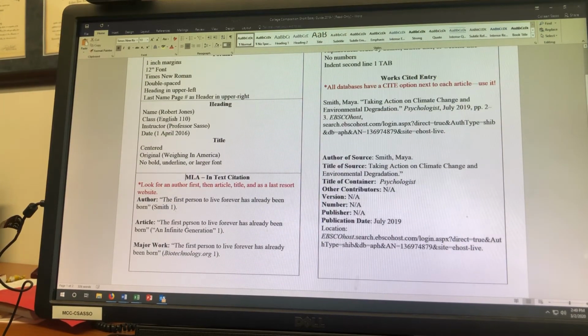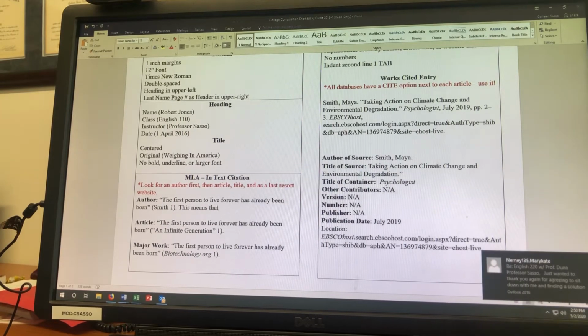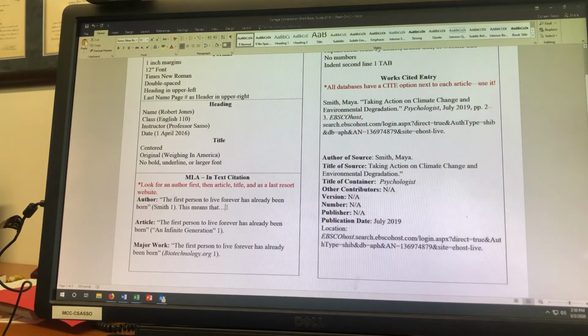But MLA really needs a page number, so I always say default to page 1. And then notice you close your parentheses and your period goes at the end. And the reason your period goes at the end is because after you put a direct quote in, you're probably going to say something about it in your own words. So it's important that there's a period here because you're going to start a new sentence here.